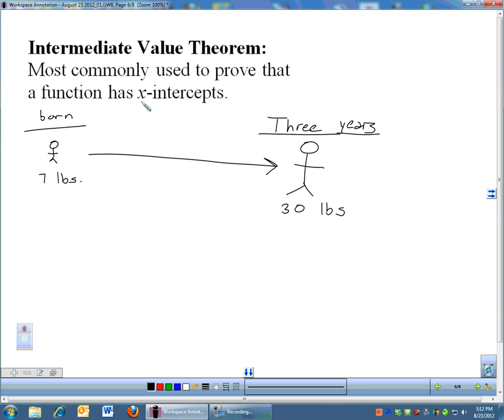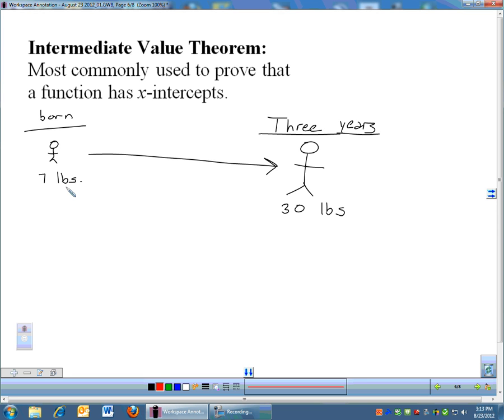The intermediate value theorem, and this is going to be kind of a stupid statement, says that sometime between when she was born and when she turned 3 years old, she weighed 20 pounds or 21. It just proves that she hit every number between 7 and 30.